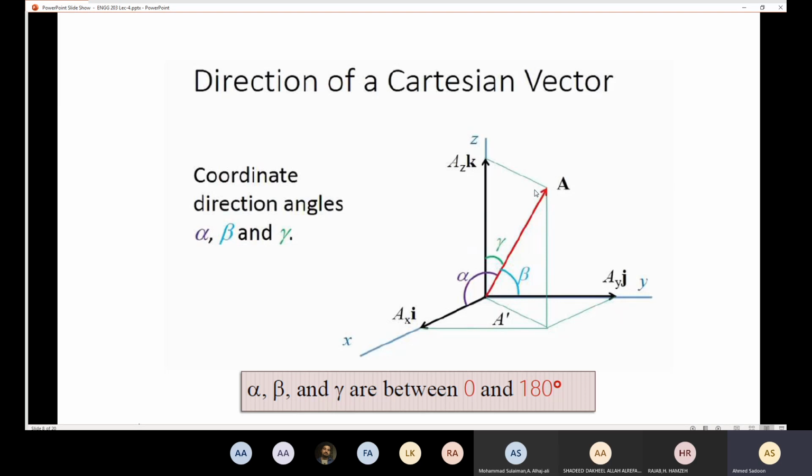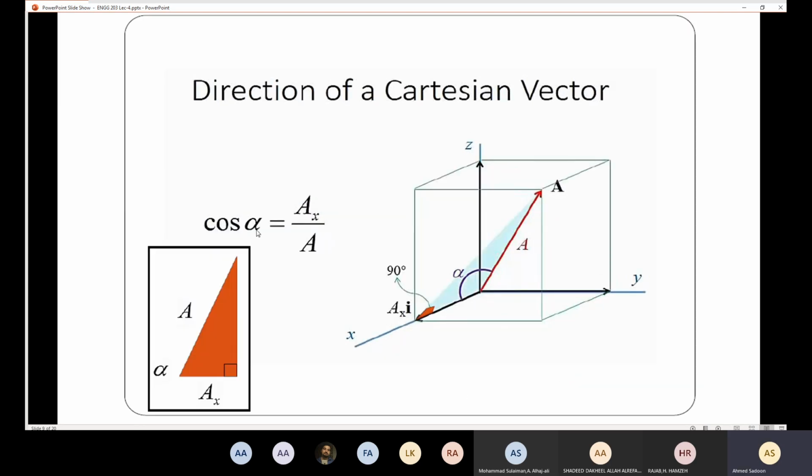And beta is the angle between the vector A and the y-axis, while gamma is the angle between vector A and the positive z-axis. And of course, if you think about it for a moment, you are going to figure this out. All these angles are between 0 and 180.